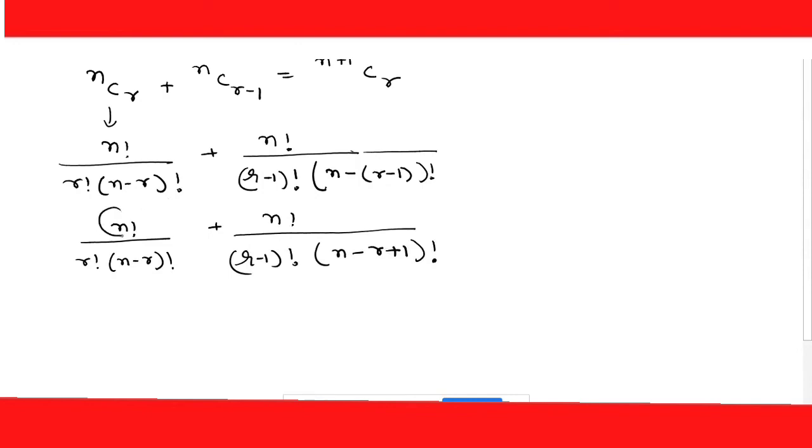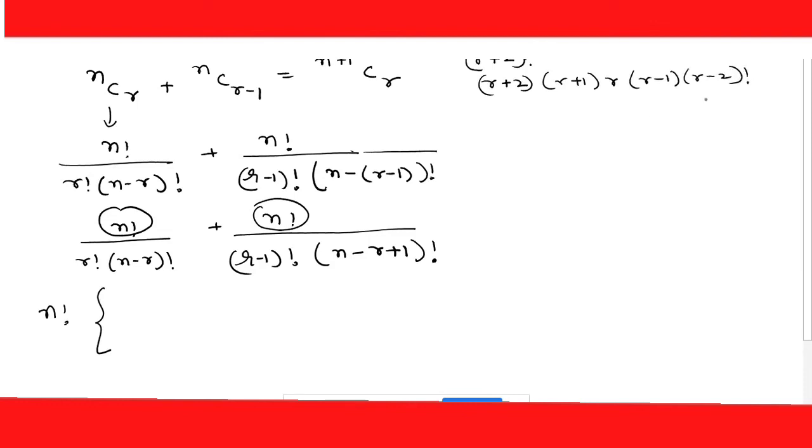Now factorial n is common. If I have r plus 2, r plus 1, r, r minus 1, r minus 2, so r becomes r into r minus 1 factorial, then n minus r factorial. Just leave it as it is.